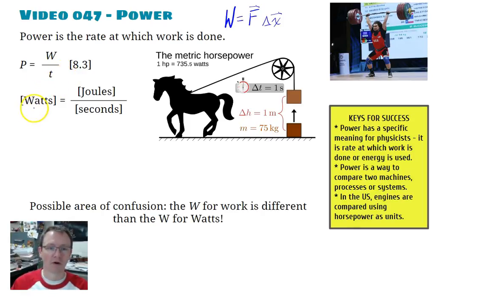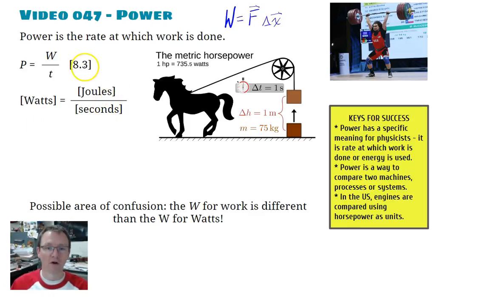Just a quick note about units. Power is measured in watts, but watts actually comes from joules per second. Joules itself is a derived unit, which comes from newtons times meters, and so technically, watts is newtons times meters divided by seconds. Interestingly, if you see that there's meters divided by seconds in there, you might remember that that's the units for velocity.